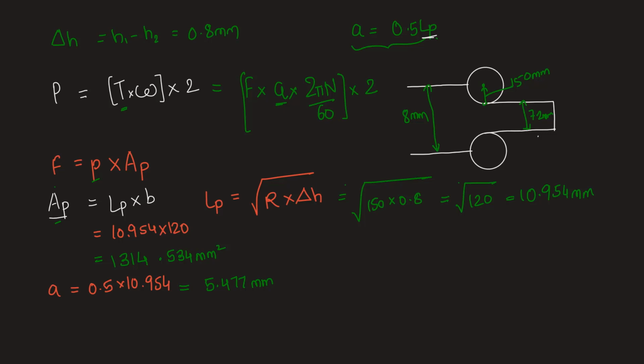So we have force F equal to 200 times AP, which is 1314.534. So force F, in terms of Newton, we get as 262910. To convert to kilonewton, it is 262.91 kilonewton. Now we have the value of F. We have the value of A.